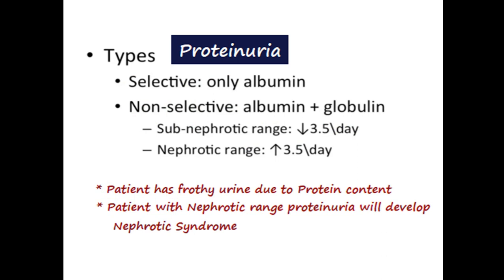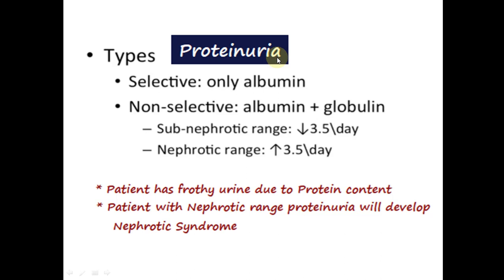Now, what happens when this filtration barrier is damaged by any reason? It will become more permeable, and it will allow proteins to leak into the filtrate and finally to come out in the urine. This situation is known as proteinuria, proteins in the urine.